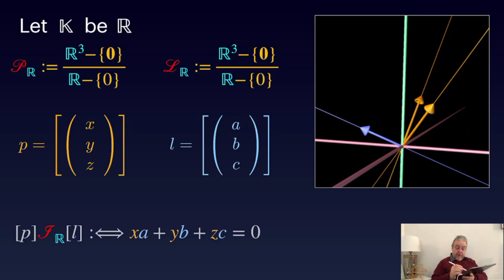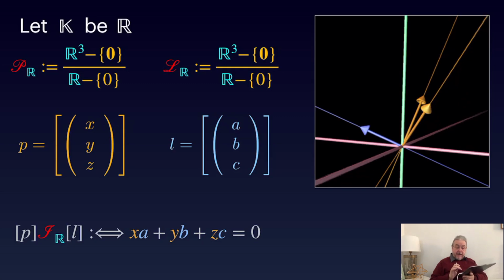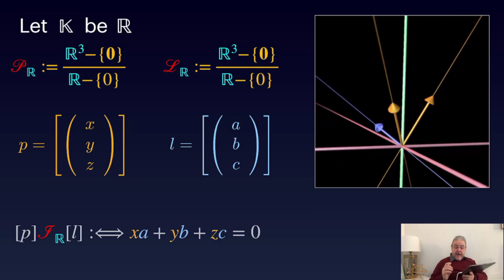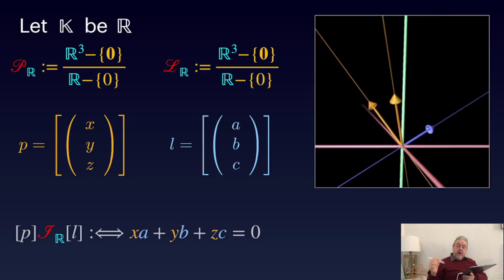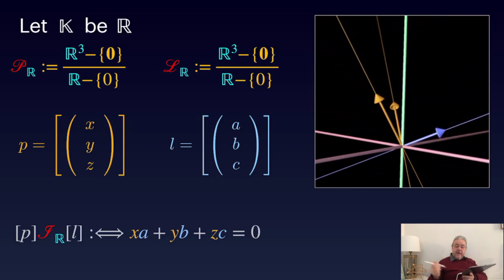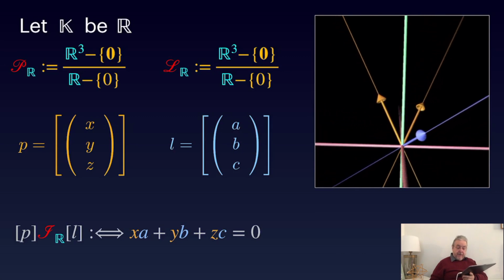So if instead of this point we had taken this vector, that would really represent the same point, and we're really talking about orthogonality between linear subspaces. In that picture you see that the space spanned by the blue vector is orthogonal to the spaces spanned by the two orange vectors.